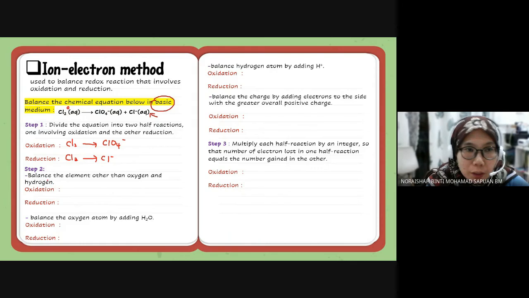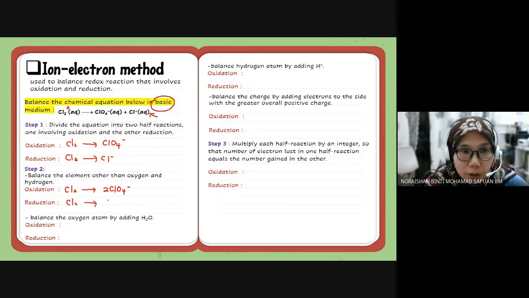So step 2, balance the element other than oxygen and hydrogen first. So untuk oxidation kat sini, Cl in the left side is 2 atom and in the right side ada satu je. So kat situ kita akan balancekan jadi 2 ClO4 minus. So reduction pun sama, Cl2 akan form 2 Cl minus.